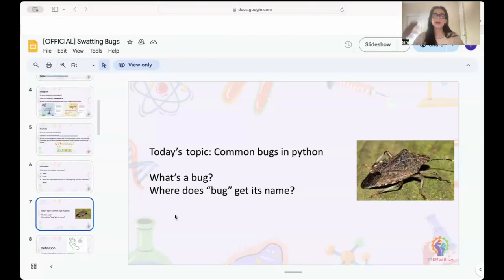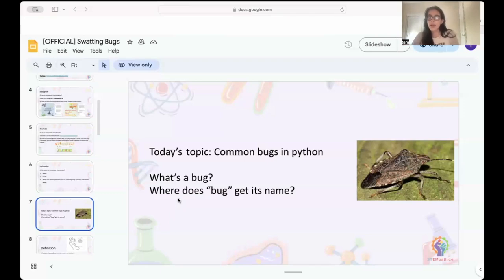In old times, when someone would set out on a sailing ship and stuff in the engine room would stop working, they'd attribute it to little creatures crawling around. Very similarly, when we had physical computers that were massive, spanning the entire room, people would say there's a bug in the computer, because the computer was literally physical and enormous. There's a bug flying around and messing everything up by just being there. So that's where we get the name bugs.